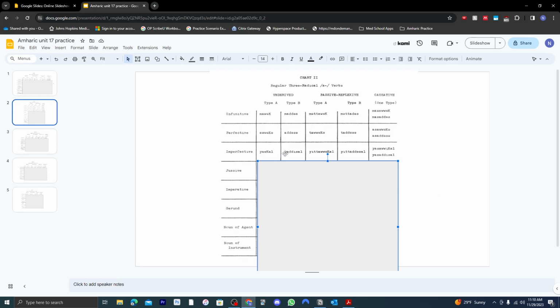Jussive, I think it'd be the same, except you take off the AL. And I think the T, well, because now it's not just added, now I think it's part of the infinitive. So I'm going to say this keeps the T for these ones.